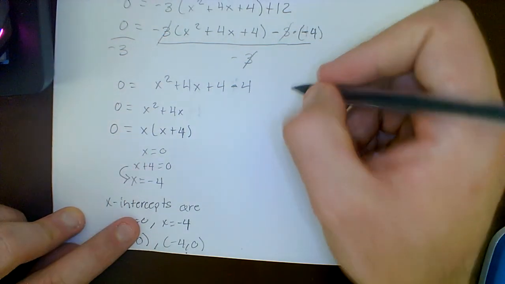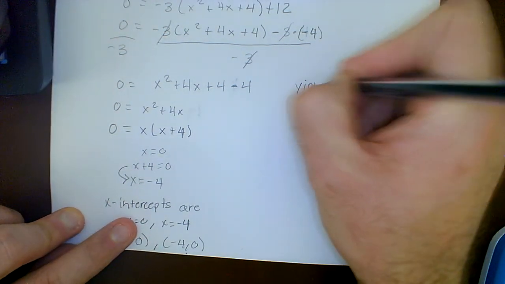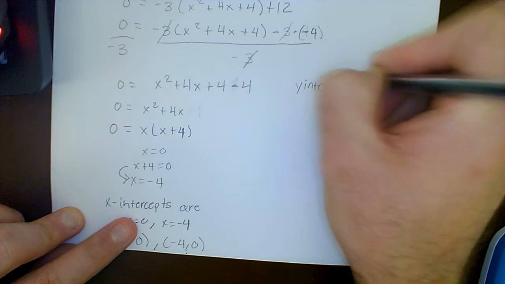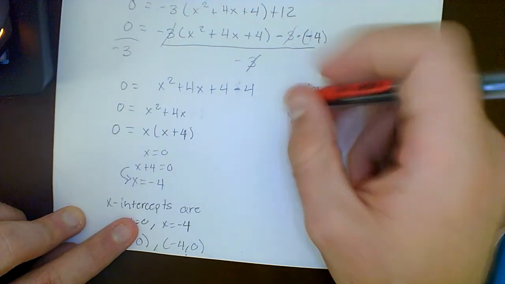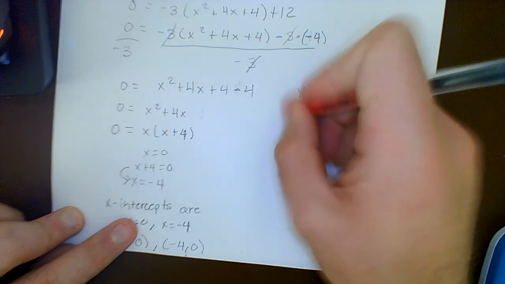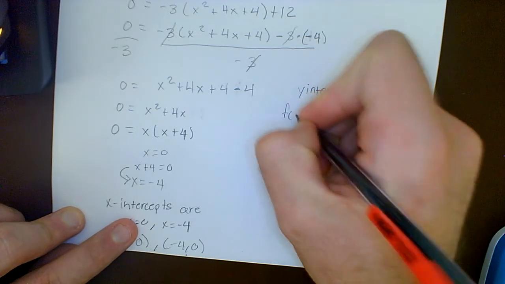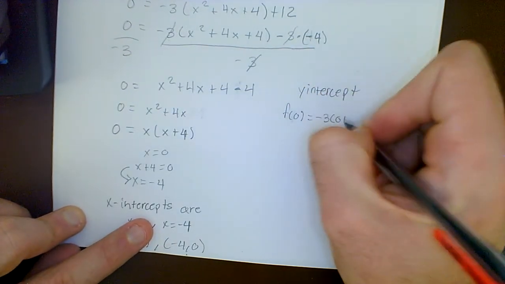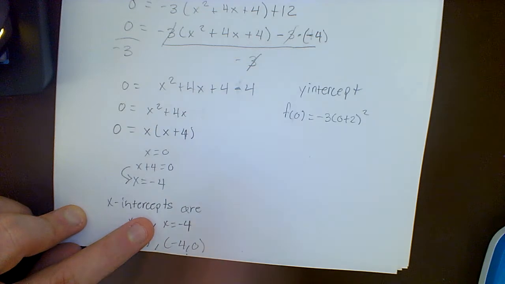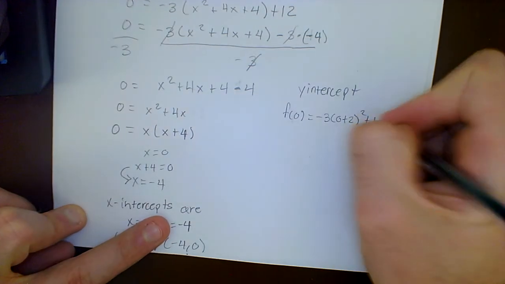But anyway, remember the y-intercept is when you want to see what f of 0 is, right? So f of 0 equals negative 3 times 0 plus 2 squared plus 12.